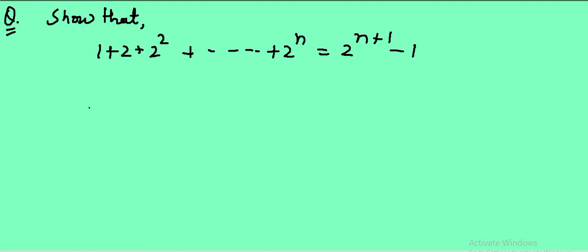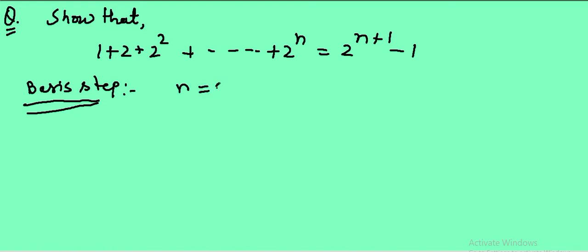Okay, so the basis step. Because it is for all non-negative integers n, in the basis step we will put the value n as 0.